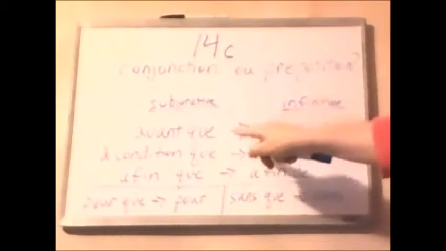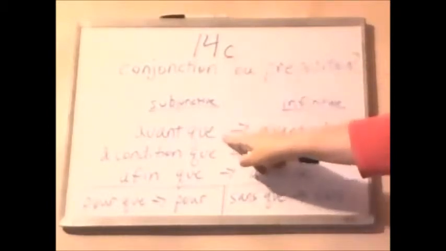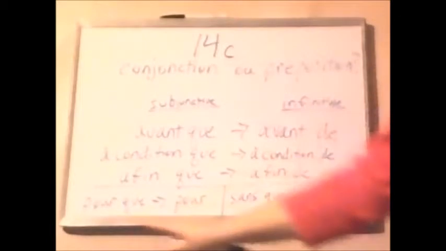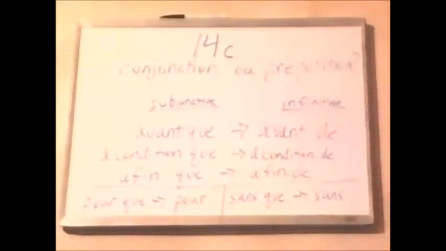The conjunction avant que would change to the preposition avant de. À condition que changes to à condition de. Afin que changes to afin de. Then these, pour que and sans que, just change to pour and sans.